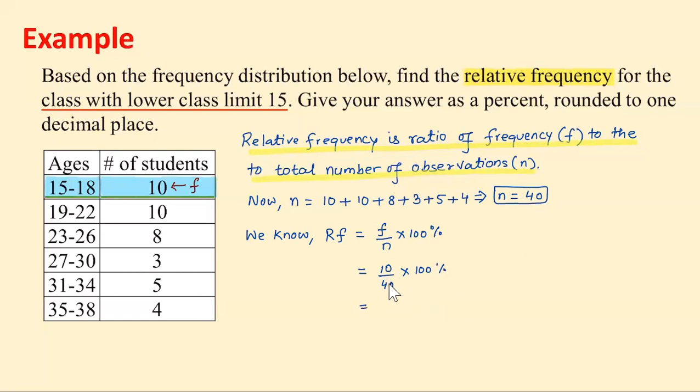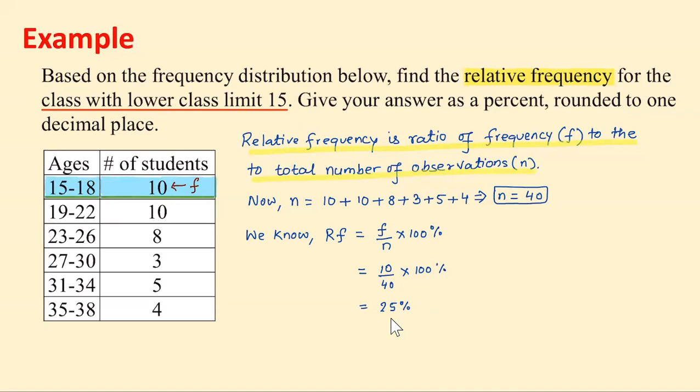So 10 over 40 is the same as 1/4. This is the same as 1/4 of 100, or 25%. That means the relative frequency for this class with the lower limit 15 is 25%.